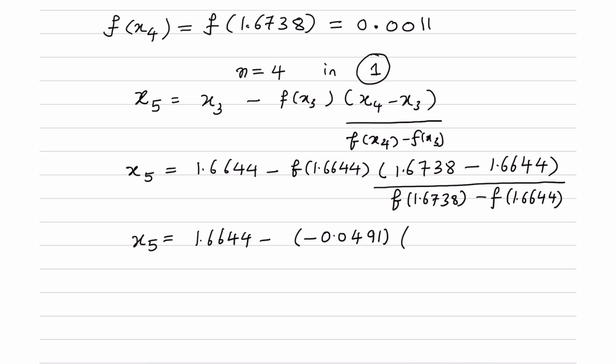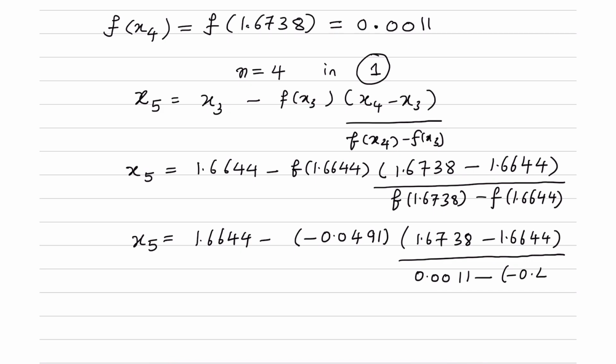The difference between 1.6738 and 1.6644, you will find this in the calculator, divided by the value of the function at 1.6738, which is 0.0011, minus the value of the function at 1.6644, which is minus 0.0491.